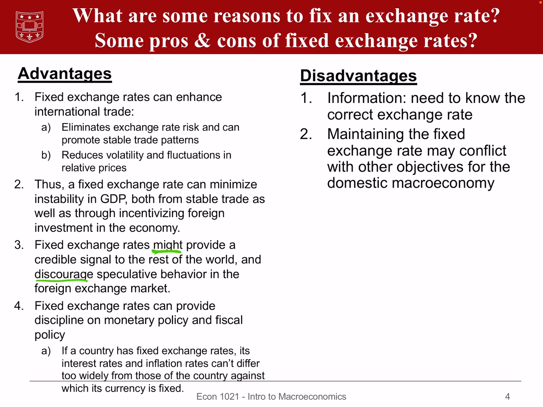And so, going along with that, maintaining the fixed exchange rate can potentially conflict with other objectives for the domestic macroeconomy. Case in point, Venezuela, one of the examples that we'll consider in these notes, has a fixed exchange rate vis-a-vis the US dollar, at least in name.